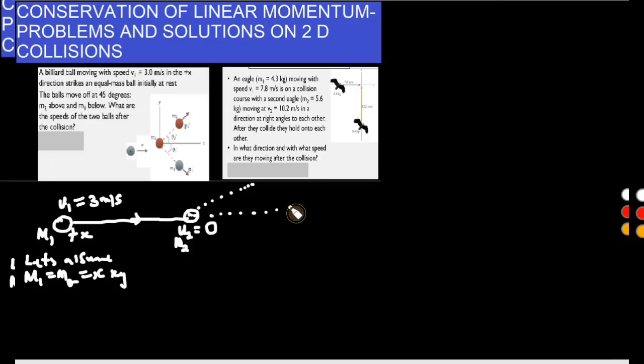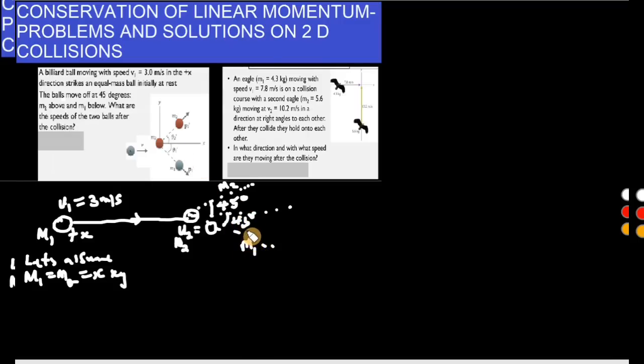So let's draw this. m2 moves off at this angle, 45 degrees. Not only one ball moves off. So m1 will still move off at 45 degrees, and is below.